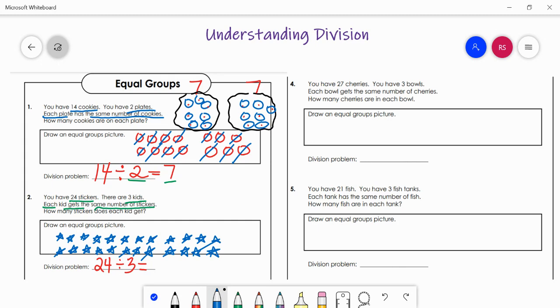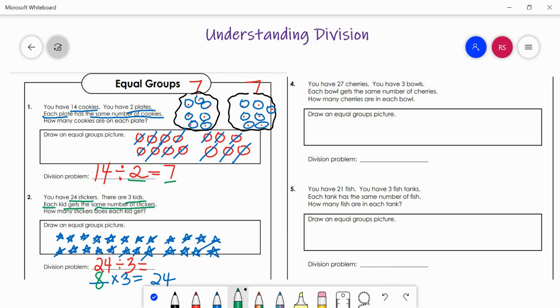So I could think to myself, what can I multiply by 3 to get me 24? Think about this. Blank times 3 equals 24. What do you multiply by 3 to get you 24? 8. Awesome job. You do 8 times 3 to get you 24.